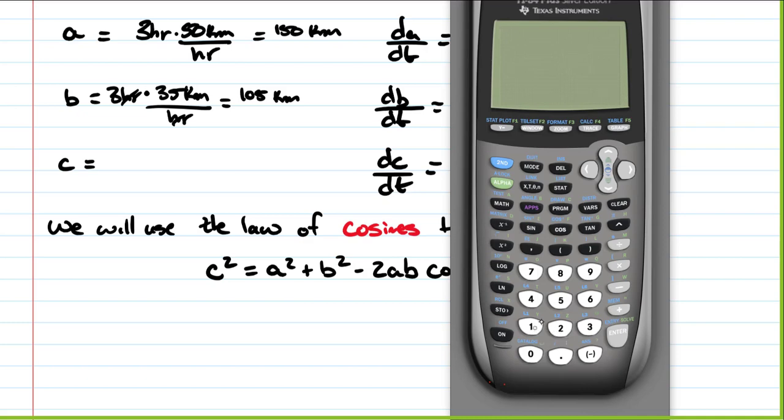I'm going to go 150, hit my store button, and then go alpha A. I'm going to go 105, hit my store button, and put that in as B. Then c squared is equal to a squared plus b squared minus 2ab times the cosine of 3 pi divided by 4.